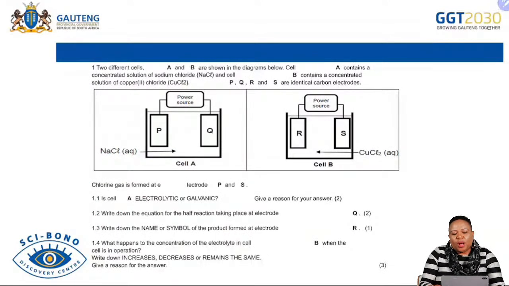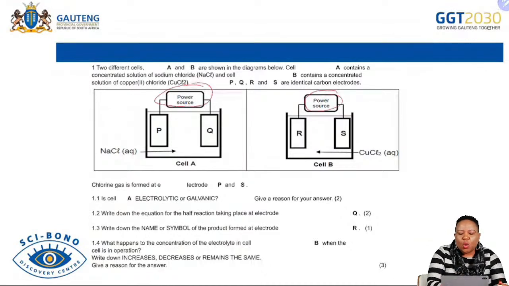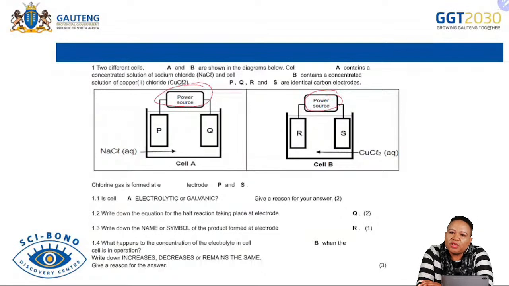Now, when you look at this one, you can see that this activity involves two processes, and these two processes were asked at the same time. So you need to know all the processes that we've discussed, and what is happening in each and every process. By mere looking, you can see that both processes have a power source, which is an indication that both cells are electrolytic cells.